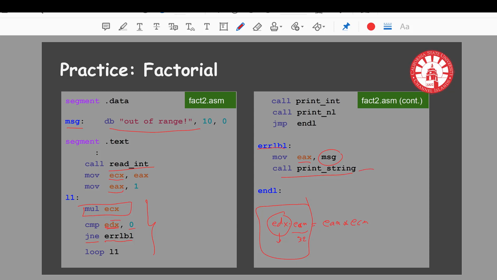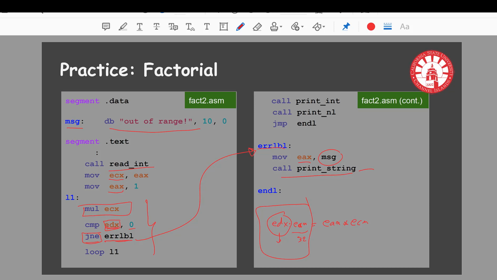So in here, note that as long as the value of the multiplication is less than 32-bit, EDX is always 0. As soon as it goes above 0, then this is going to be true. Therefore, we are going to be directed into the error label.